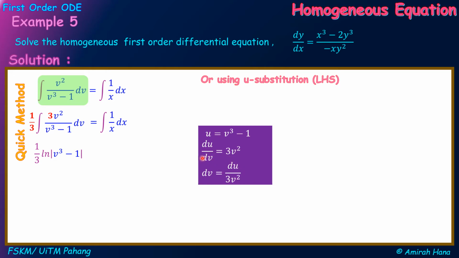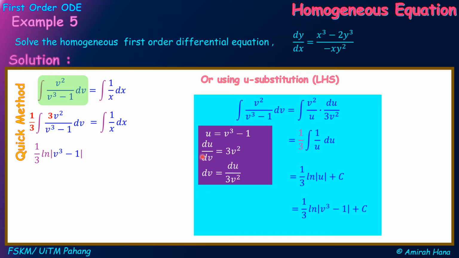Okay, we cross multiply. Alright? Right, so the integration of v squared over v cubed minus 1 dv equals, we still have the numerator v squared, and then we replace v cubed minus 1 with u using this, okay? And we replace dv with du over 3v squared, right?